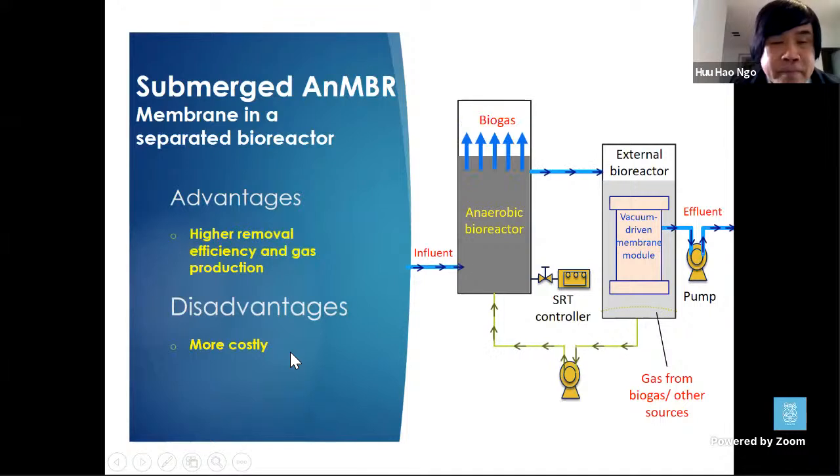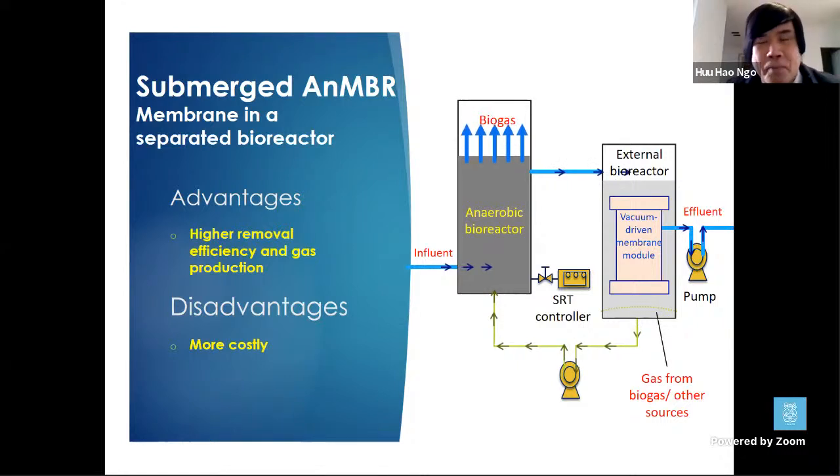But disadvantages, yes, we have to pay for that. Just remember that whatever we pay, whatever we get, that is the point. This is a principle. So when we want to have better removal efficiency and gas production, we have to pay for that.